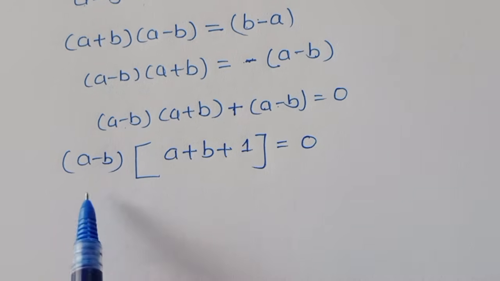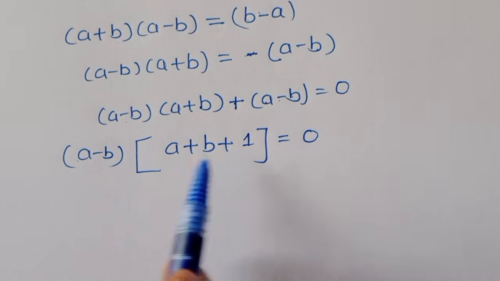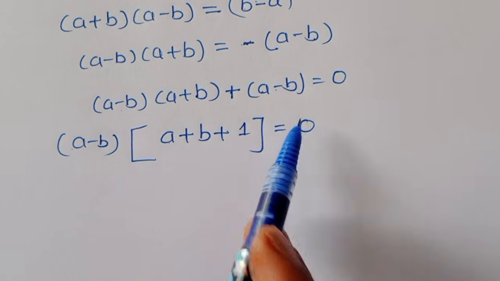Now we got two equations. The first one is a minus b equal to 0, and the next one is a plus b plus 1 is equal to 0.